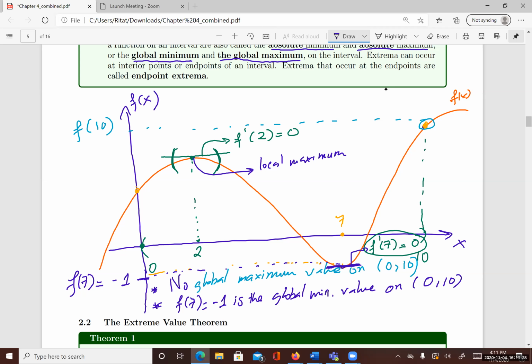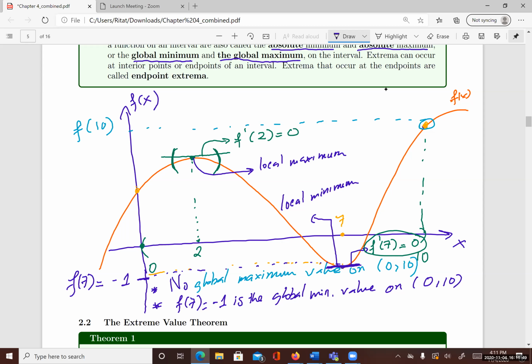And also we'll see that this point right here is a local minimum value, but in this particular interval, it is the global or absolute minimum value.